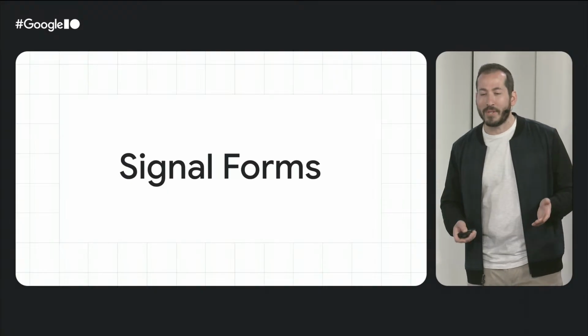Signal forms. I knew you all would be excited about this one. I'm not going to give away too much just yet, but I will say signal forms will go a long way in rounding out the signal ecosystem while also making forms easier to work with in Angular.